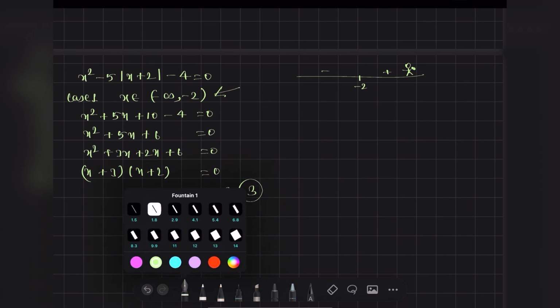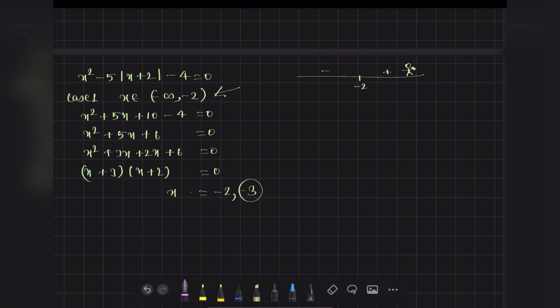Now we will go with the second case, case 2. x belongs to minus 2 to infinity. Previously you have excluded minus 2, so you will include minus 2 in this part. And in this region it will open with a positive sign. So x square minus 5x minus 10 minus 4 equals 0.